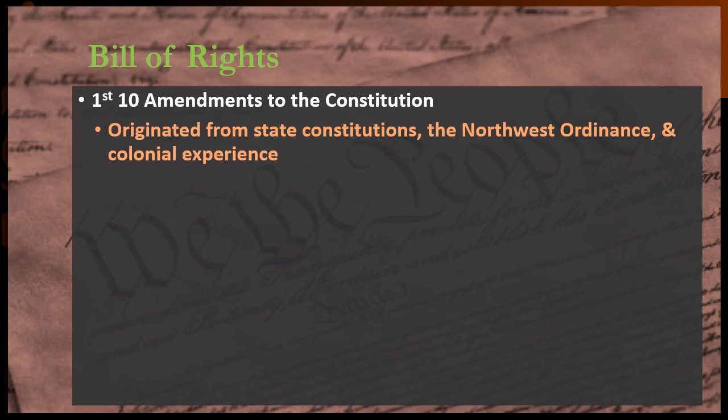What they did was look at their past history, and they looked at what came before and said, here are a list of things that we considered important in our past. We're going to write them down as part of our new Bill of Rights. So the very first 10 amendments to our US Constitution, we hold up as a Bill of Rights based on our American experience, based on our traditions and our heritage from the English.